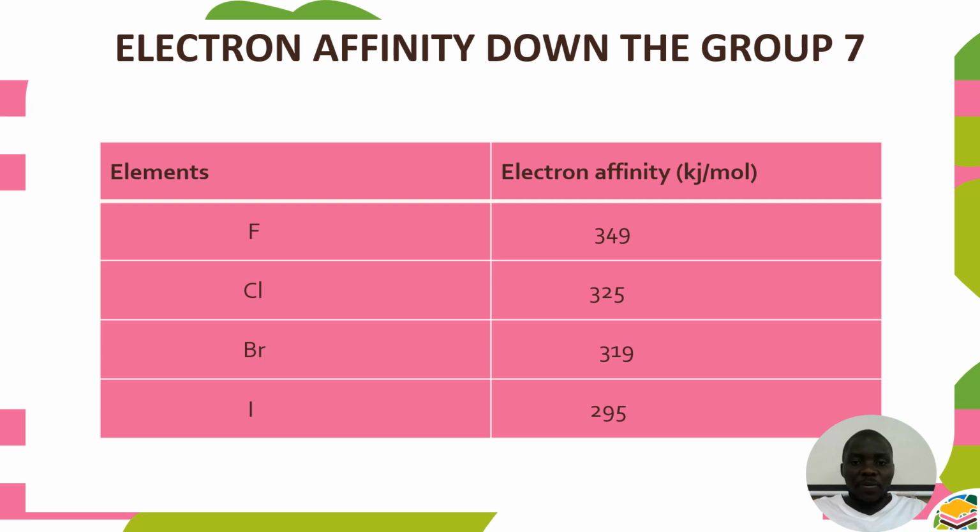If you check, the values are decreasing, which supports what we were explaining. As the atomic radius and shielding increase, we expect that the elements at the bottom of the group will have higher shielding and a weak nuclear charge to attract the incoming electron.